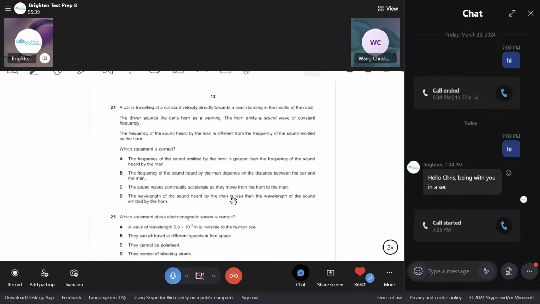Some is just basic physics where you say, oh, that can't be. But Doppler helps.